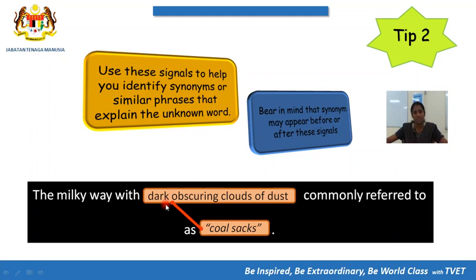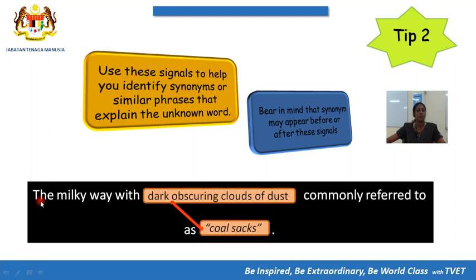So let's see this. The Milky Way with dark obscuring clouds of dust, commonly referred to as coal sacks. Dark obscuring clouds of dust, commonly referred to as coal sacks.